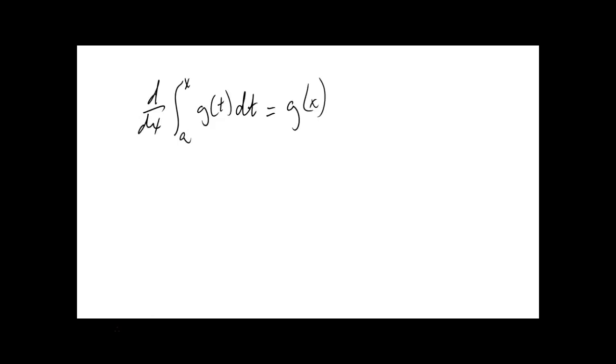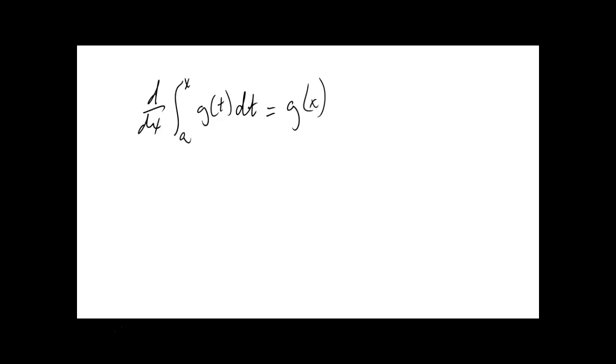That's the definition of g of x. It's the derivative with respect to x of the integral from a to x, any constant to x, of g of t dt, okay?